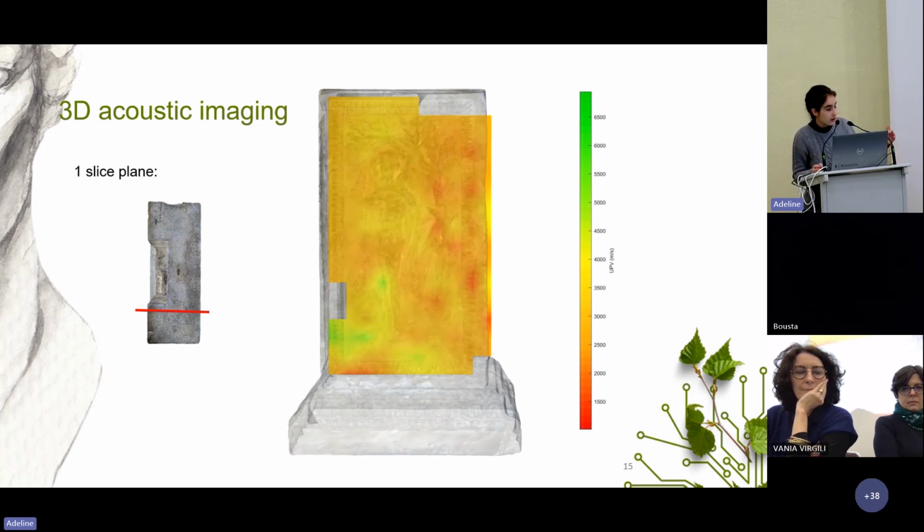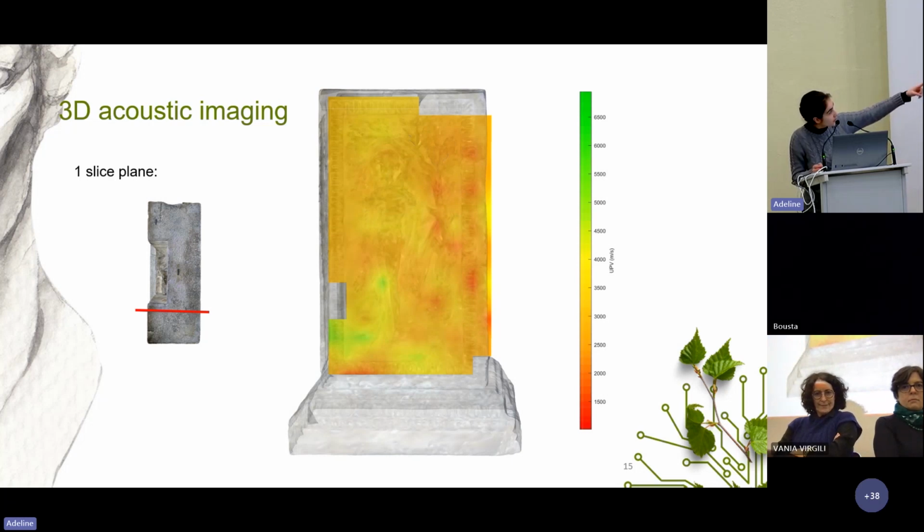So this is a slice plane, which is shown by the line on the picture. On this cartography, the blank areas are areas in which we didn't have enough data to reconstruct the velocities.